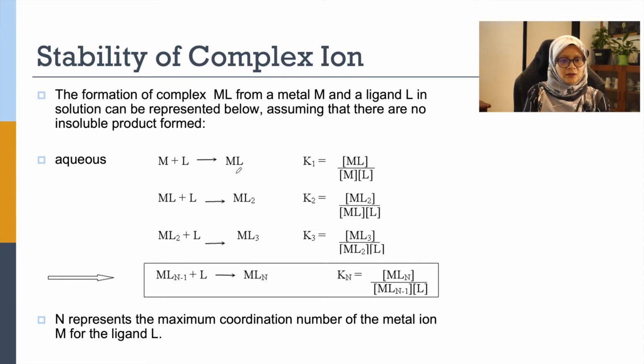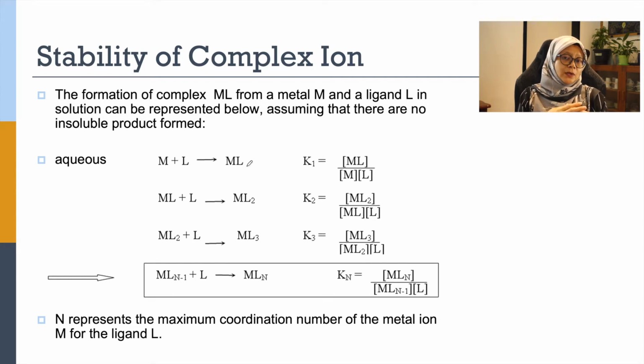Here we mix a metal and ligand in the solvent, for example distilled water. What happens here is that it will form a complex ion solution. In this reaction, the metal and ligand will form a complex ion ML.